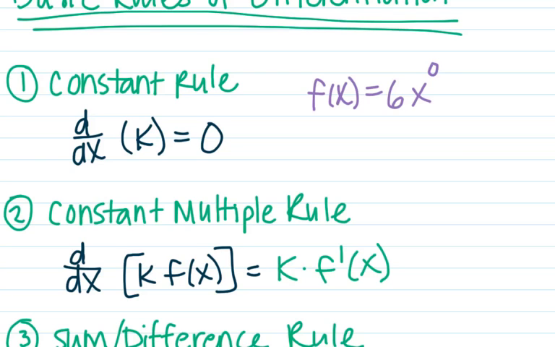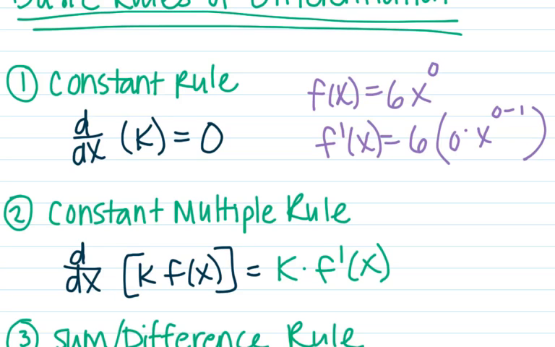So if we do the power rule here, when we take the derivative, we could pull that 6 out front, constant multiple rule, right, and then it would be 0 coming down front times x to the 0 minus 1. But none of this really matters at this point because we have this 0 right here multiplying everything, which means that we end up with a 0 overall. So kind of cool how that works.